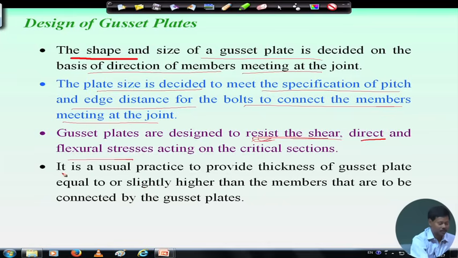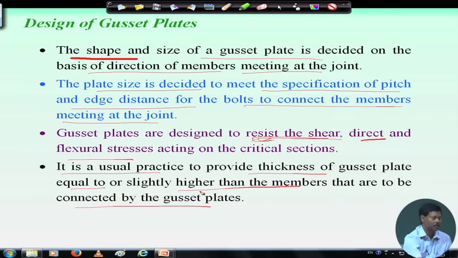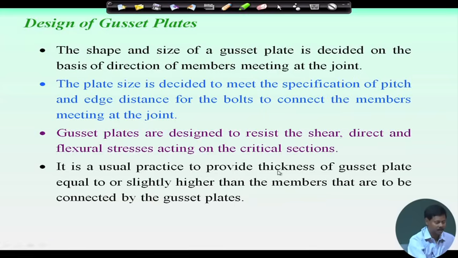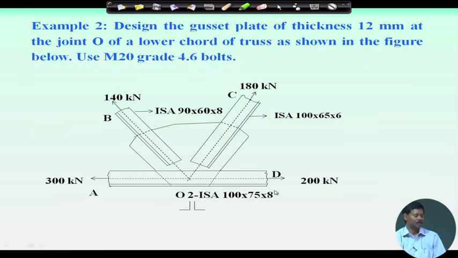It is usual practice to provide a gusset plate thickness equal to or higher than the members being connected. Now, if we go through one example, I guess we will be able to understand how to design a gusset plate, how to decide the length of the gusset plate and other details.